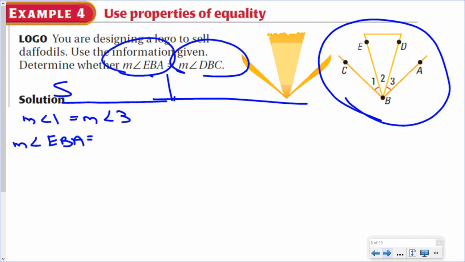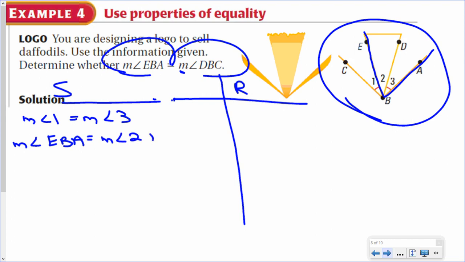Okay, all right. So EBA starts at E, goes to B, finishes at A, and is made up of two smaller angles. It's made up of the measure of angle 2 plus the measure of angle 3. If you put those two together, you get EBA.